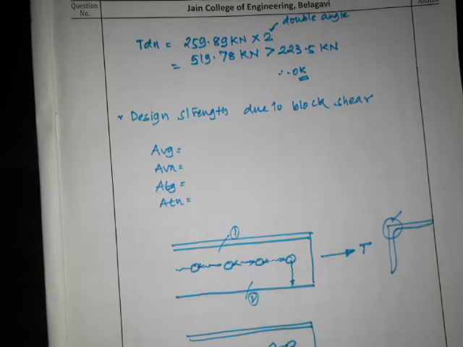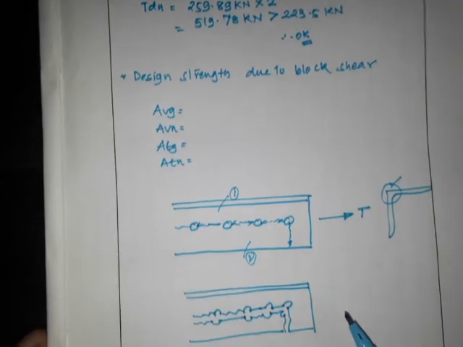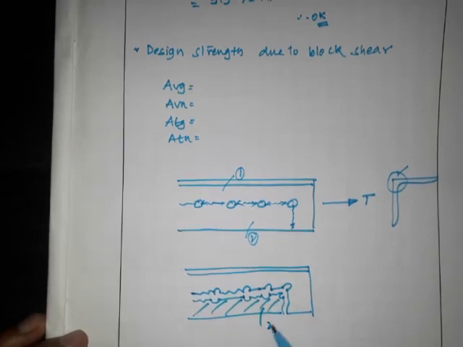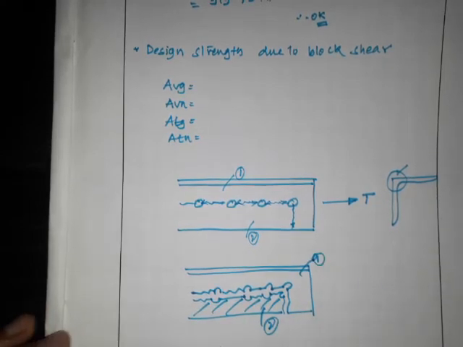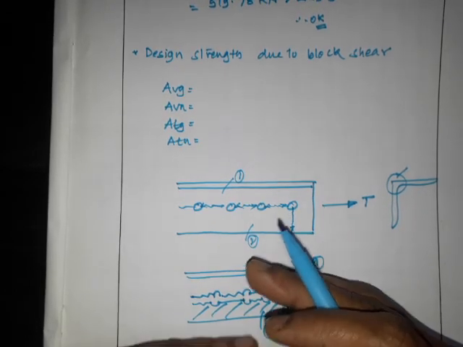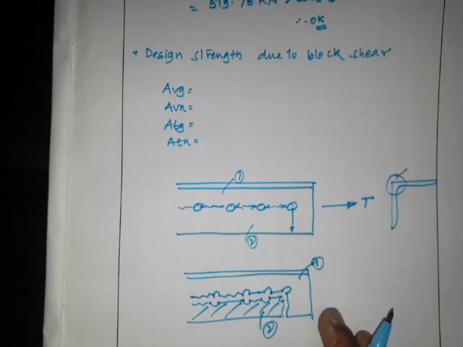This will get separated, because of the fracture. So this is part 2 and part 1. So this is nothing but a block. The failure is not a single failure; because of the segments of cracks, it will fail as a block, and the two parts will get separated like this. So that is what is called block shear.